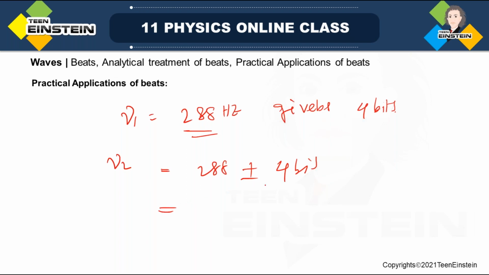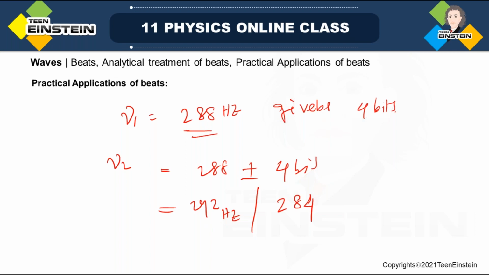So plus means you'll get 292, or it will be 284.